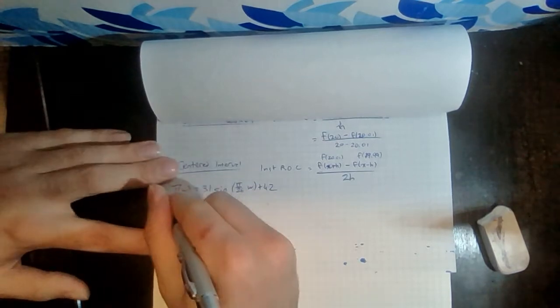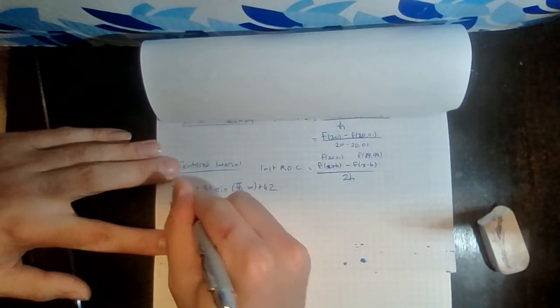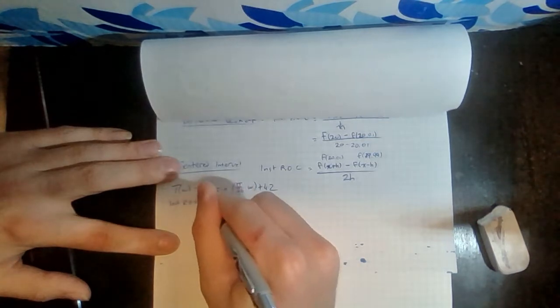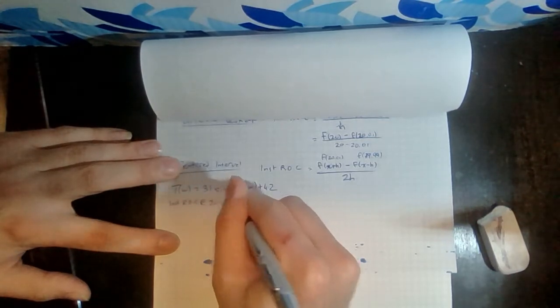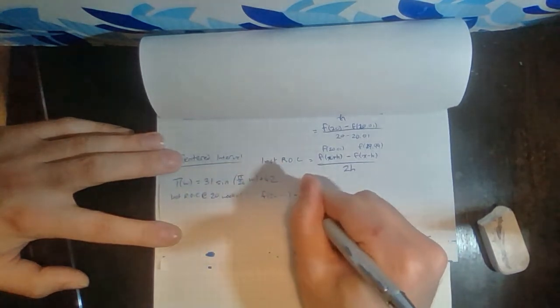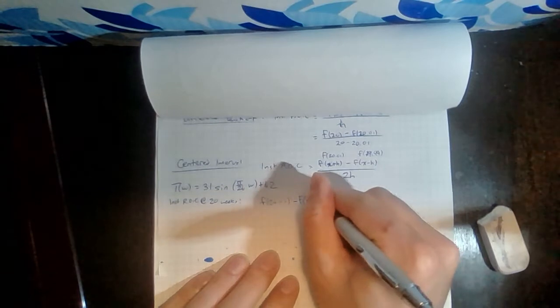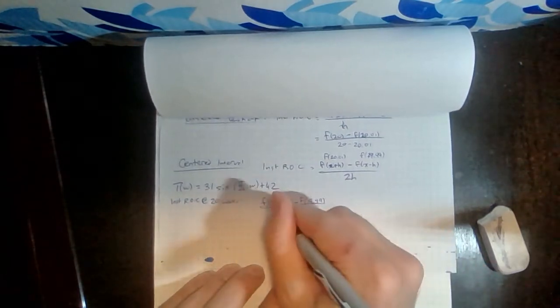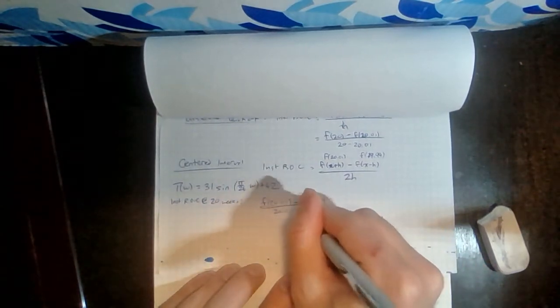So if we're going to find the instantaneous rate of change at 20 weeks, we're looking for f of 20.01 minus f of 19.99 over 20.01 minus 19.99, or 2 times our h, so 2 times 0.01.